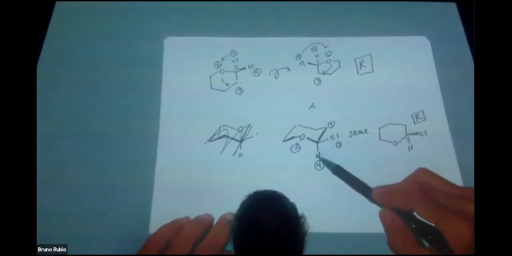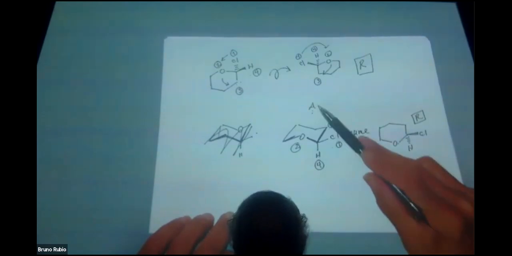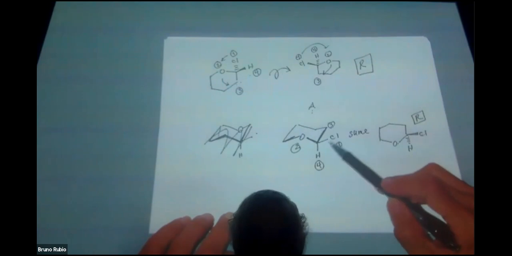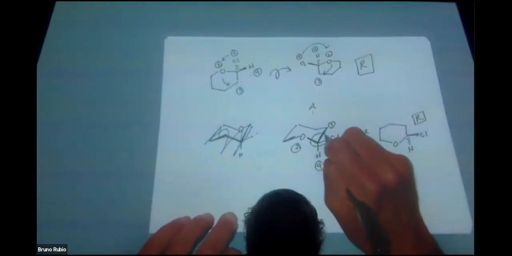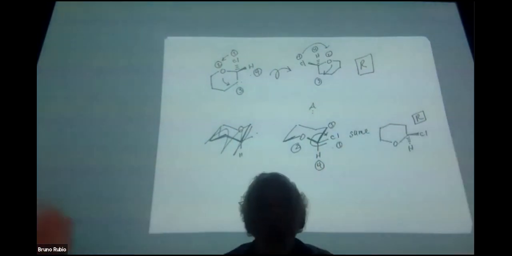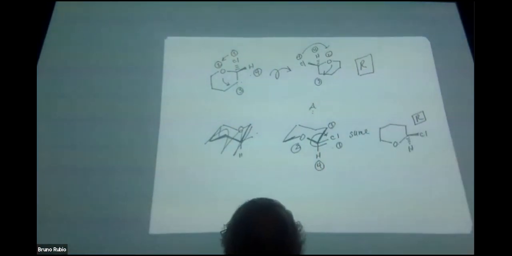The group of lowest rank is pointing away from me. My eye is up here, and now I'm noting the sweep of the top 3 ranks, and it's clockwise. Yeah, that's the R absolute configuration. So these visualization skills are at a premium.